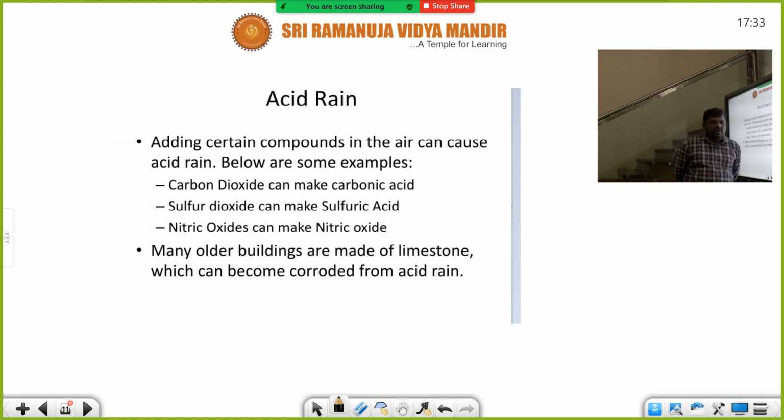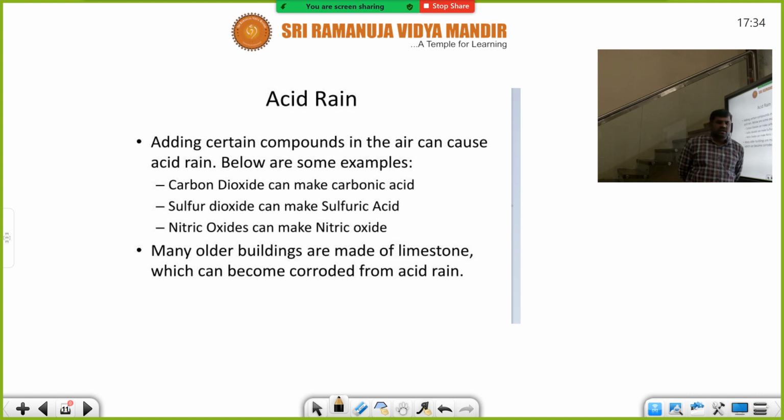Acid rains. How are acid rains formed? I have already discussed it, but again, how are acid rains formed? It is most important. Acid rains damage our historical monuments like the Taj Mahal and many others.